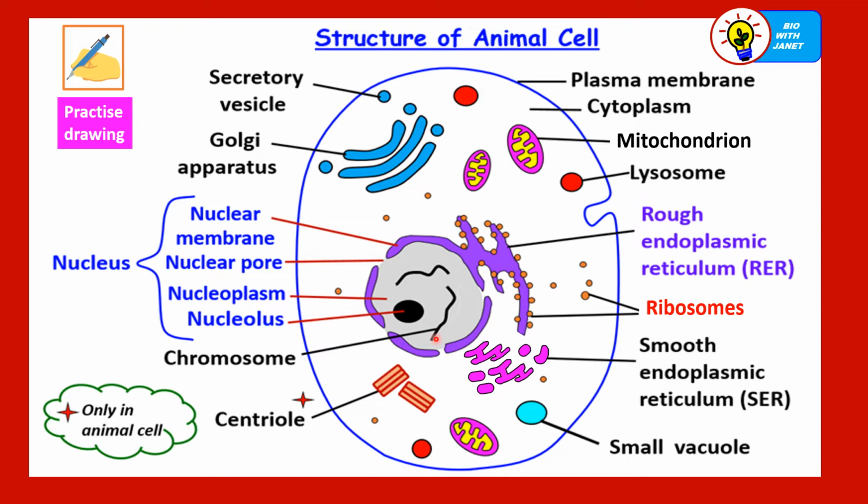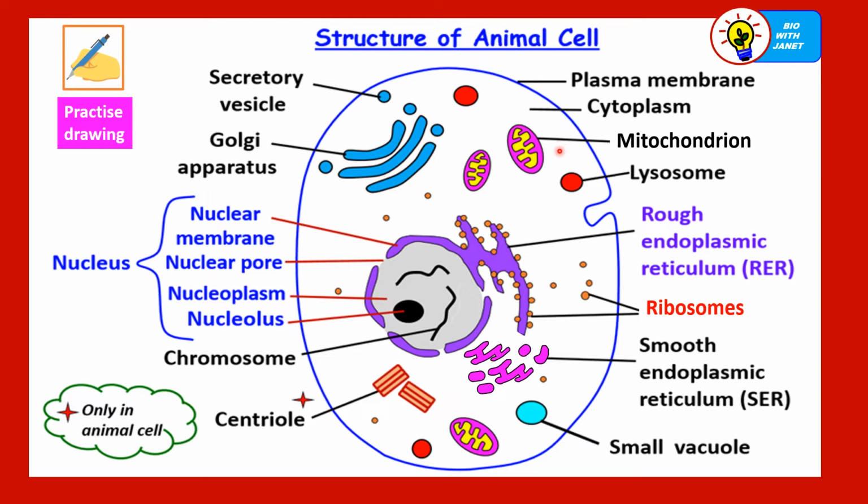Now next, we have the plasma membrane that surrounds the cell. So the plasma membrane controls the movement of substances into the cell and out of the cell. Then there's the cytoplasm, which is a gel-like medium for the biochemical reactions in the cells to be carried out, right?